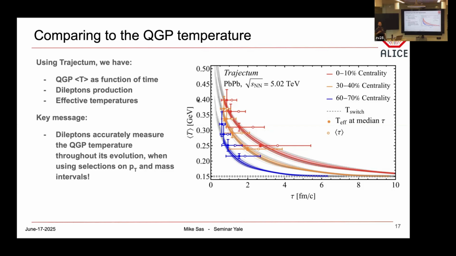This means that if we do the measurement using the model with certain analysis cuts, then by using the model we know when they were emitted, and we can map the temperatures to different stages in the model. And it makes sense. Before we made this plot, we thought maybe these points are completely off, because we started by plotting the means, but all the means were completely off.